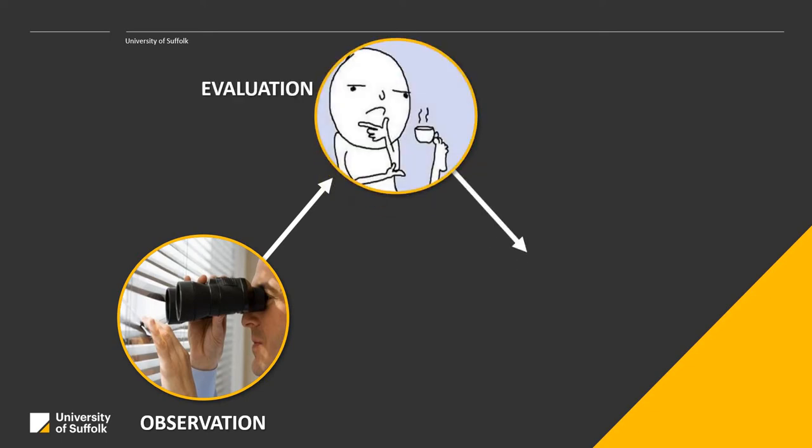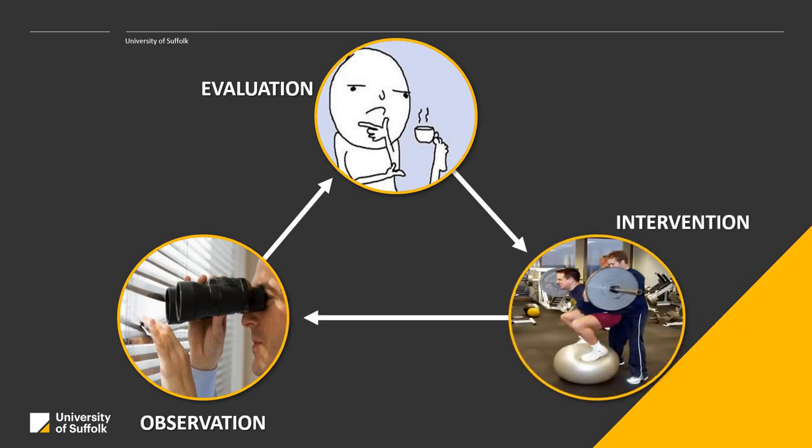From there we collect data which is then evaluated and either written up in a report or used to provide an intervention. This intervention may be a strength and conditioning based intervention, perhaps squatting on a Swiss ball.